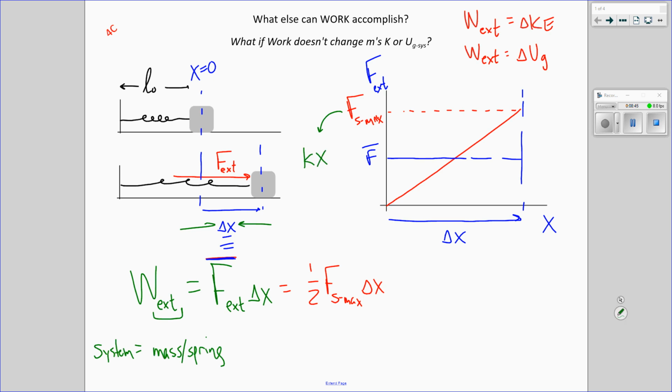How much force does a spring apply? Well, that depends. It depends on how far the spring has been displaced and how stiff the spring is. And again, what we're saying here is when Jim gets the spring to this location, there are actually two forces acting on the spring. One is Jim's force, F ext.